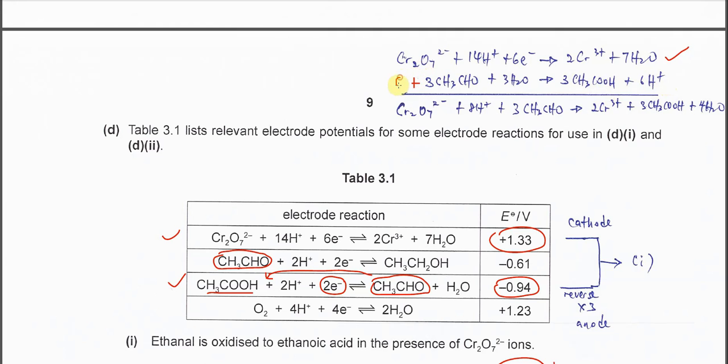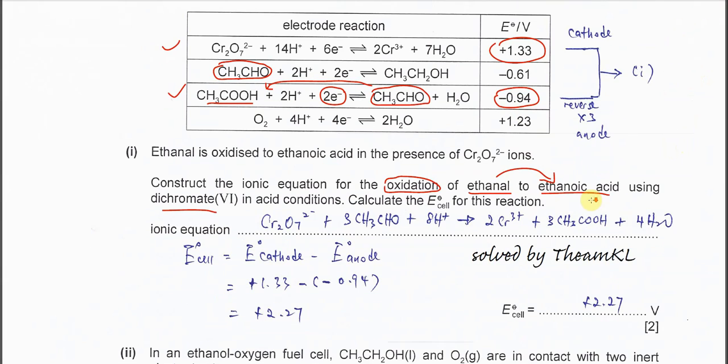Make sure it's 6 electrons here. So then they can be cancelled out. After that, you get this overall equation from these two half electrode reactions.